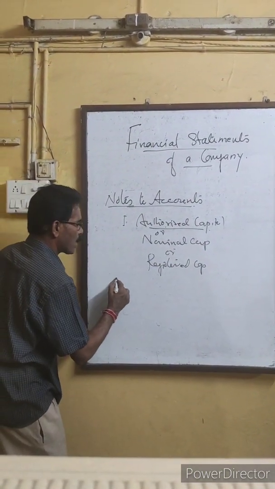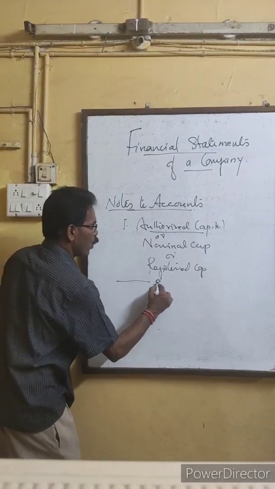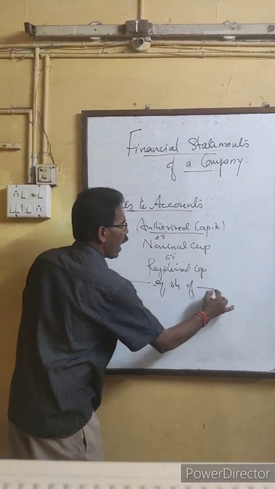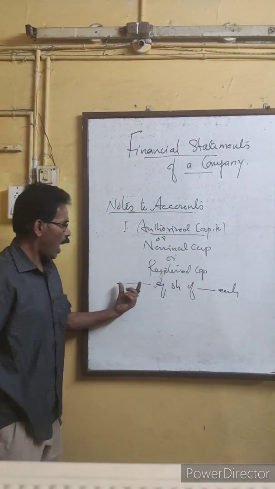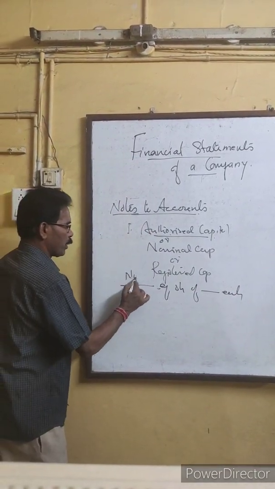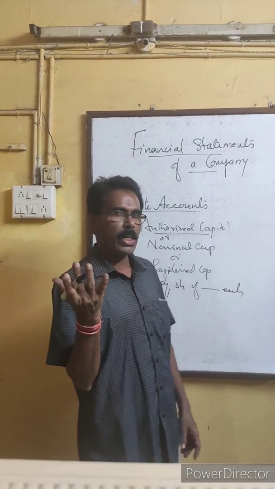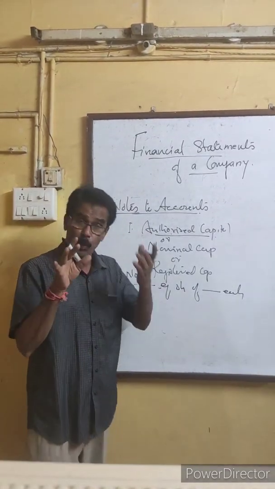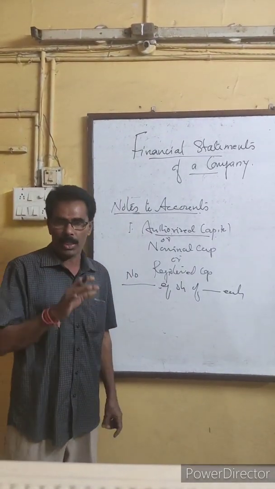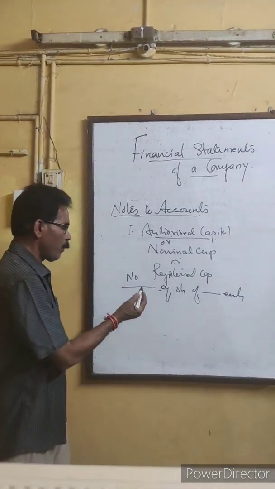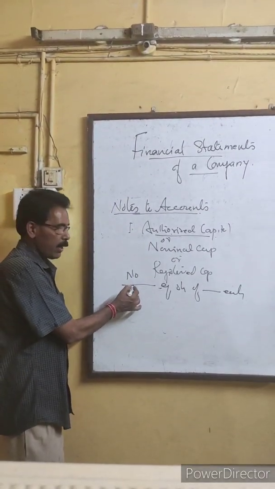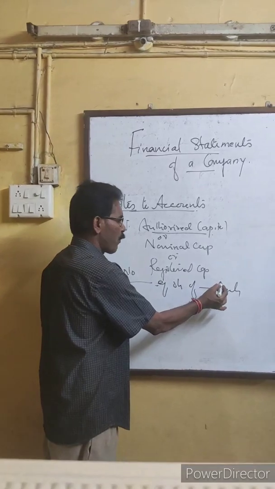It will be shown as dash equity shares of dash each. This dash means the number of equity shares, and there are equity shares and preference shares. That you have studied in BS in 11th class, so I am not going to detail about that. How many shares are there and what is its face value?